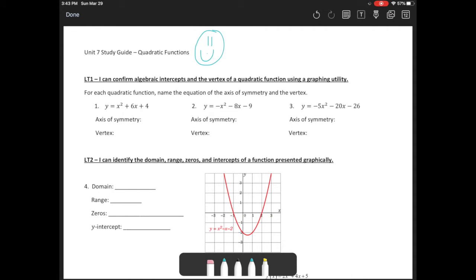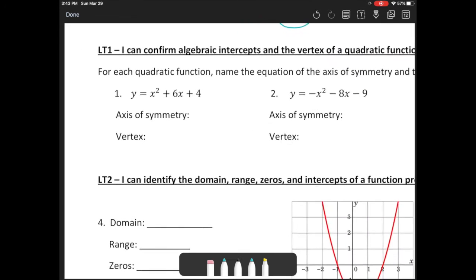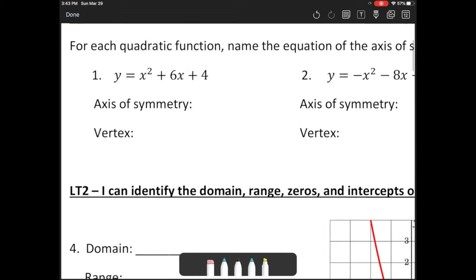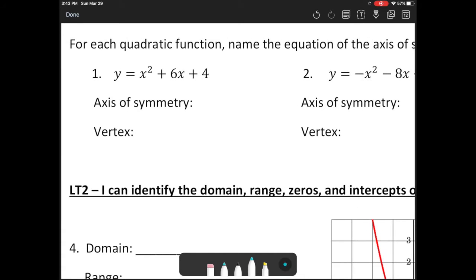Let's look at Learning Target 1. I can confirm algebraic intercepts and the vertex of a quadratic function using a graphing utility. So using a graphing utility is key. There is a way to do this by math. If we look at number 1, for example, we do have an equation that we can use to find the axis of symmetry by math.